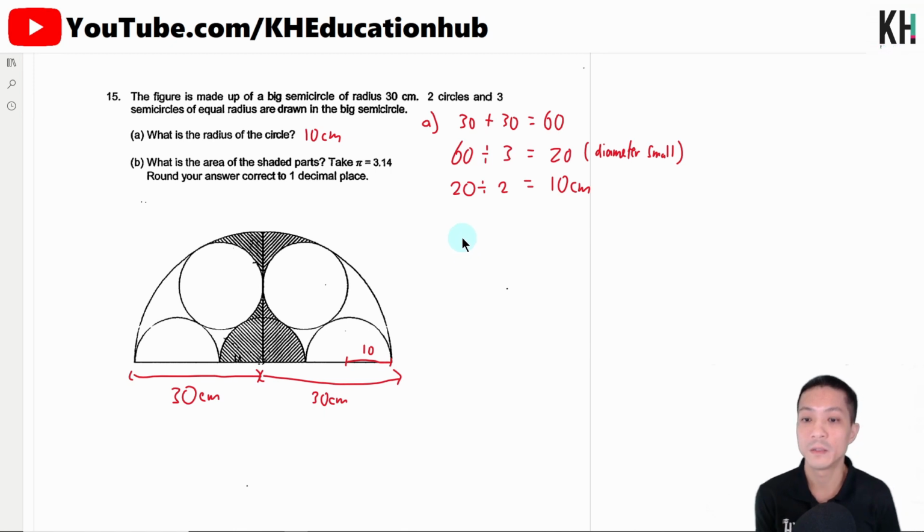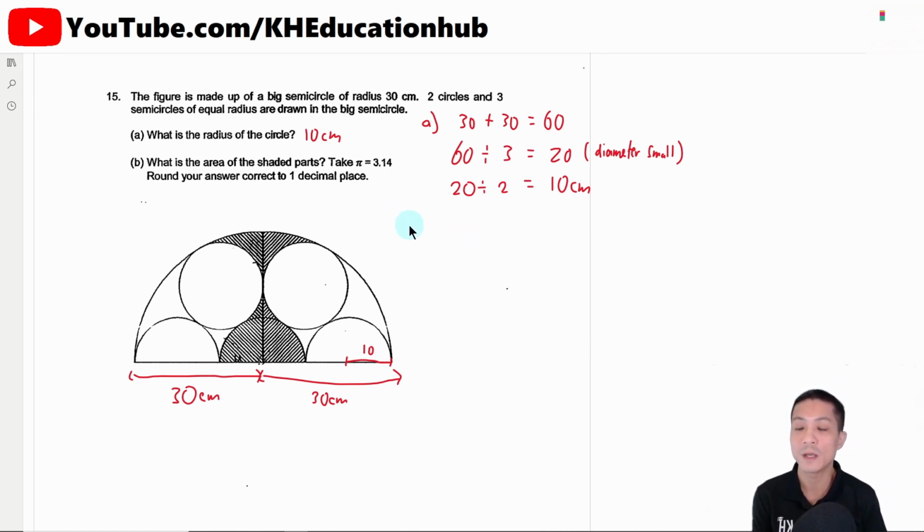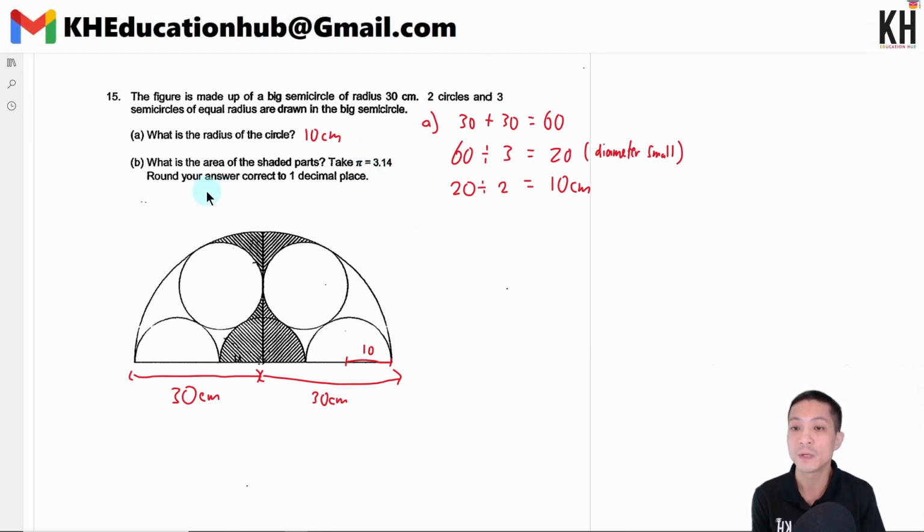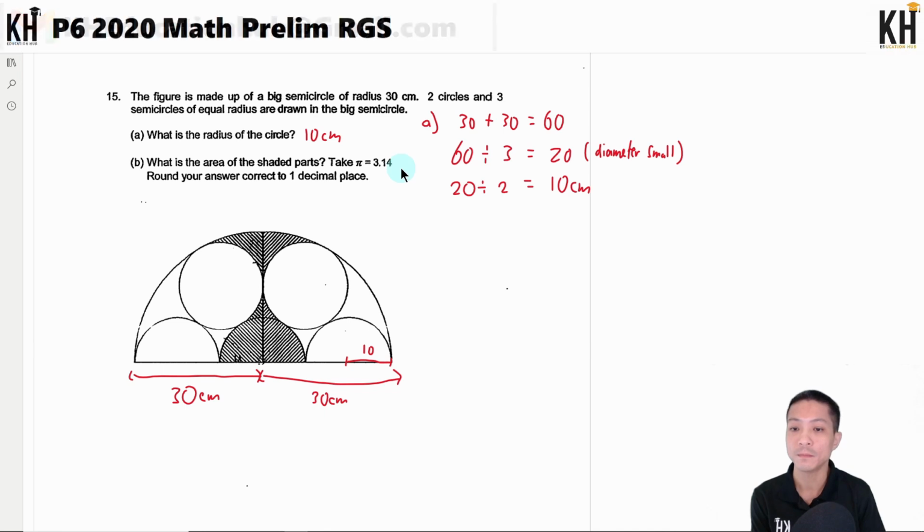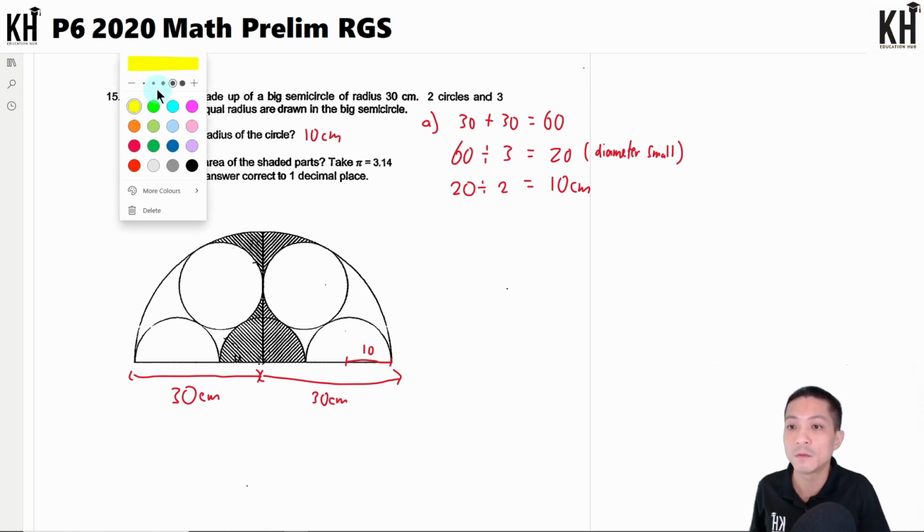So for part B, what is the area of the shaded parts? Take pi to be 3.14 and round your answer correct to 1 decimal place. For this question, I'm going to do some shading first.